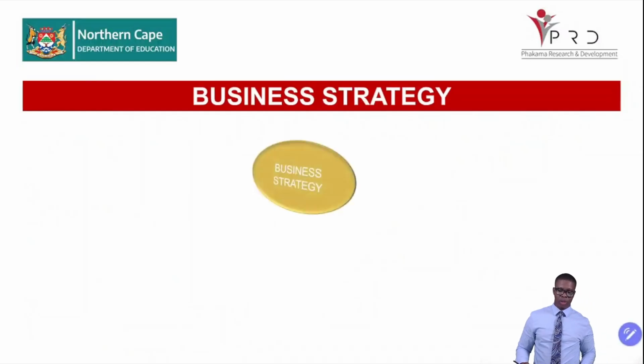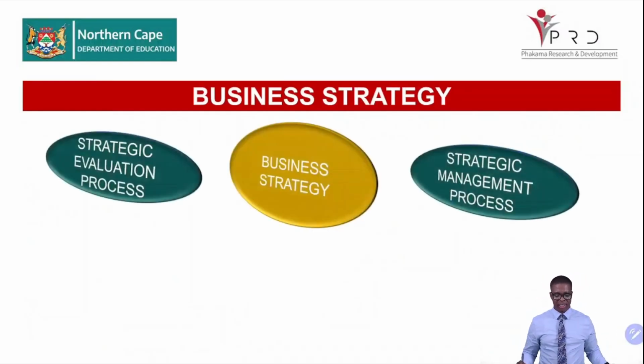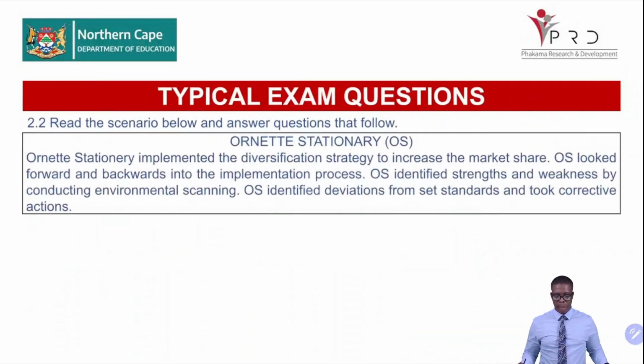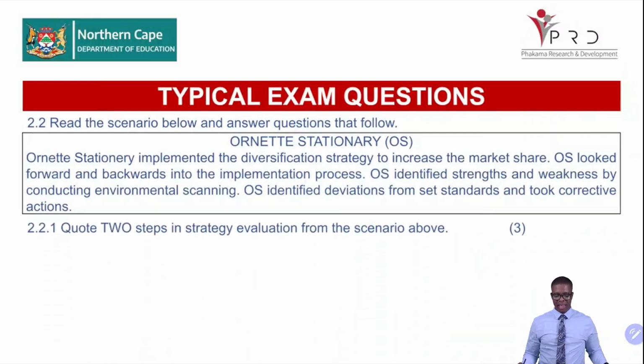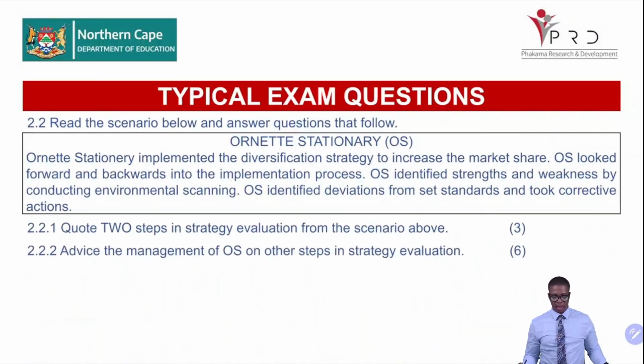Then we look into business strategy. Here you should know how to quote the strategic evaluation process together with the strategic management process. Now let us look into a typical exam question on that. Again, it will focus on quoting. So let's check. Quote 2 steps in strategic evaluation from the scenario above and advise the management of OS on other steps in strategy evaluation.